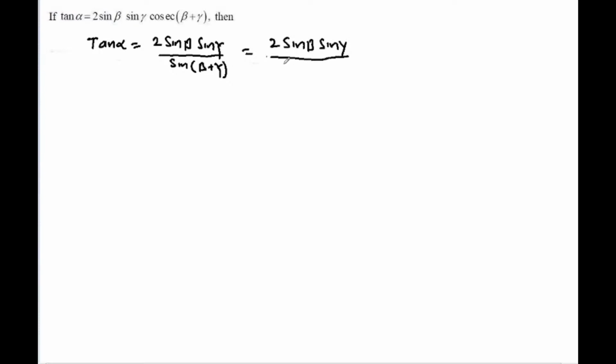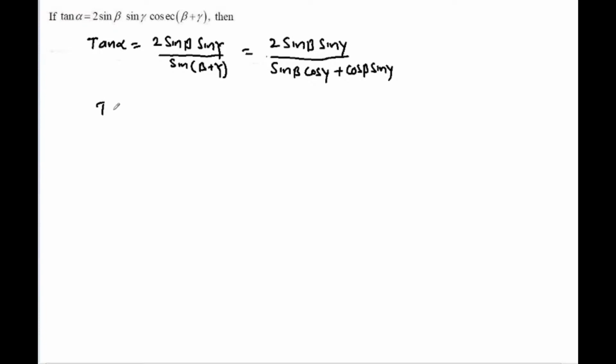If tan alpha is equal to 2 sin beta sin gamma into cosec of beta plus gamma, then dash. Here it is given tan alpha is equal to 2 sin beta into sin gamma into cosec of beta plus gamma, that is 1 by sin of beta plus gamma. So this is in the form of sin of A plus B, that is sin beta cos gamma plus cos beta sin gamma.